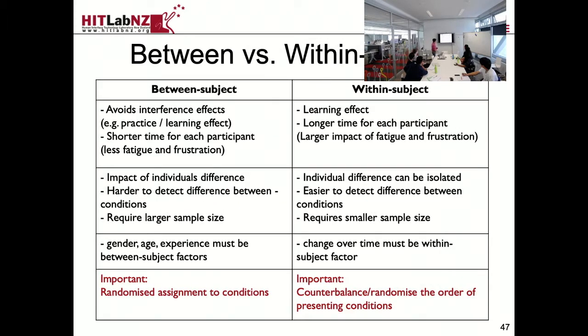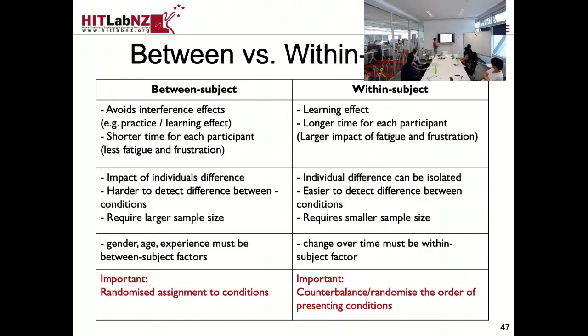So let's see this one. In the between-subject test, we can avoid the interference effect. Each group only takes care of their own conditions, so they don't interact with each other, which is an advantage. Each participant also has a shorter time, so their fatigue level will be lower, as she mentioned.